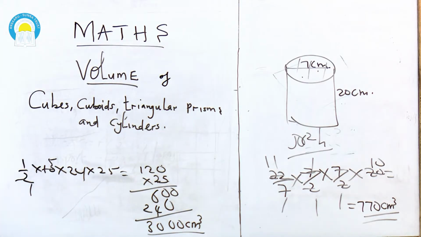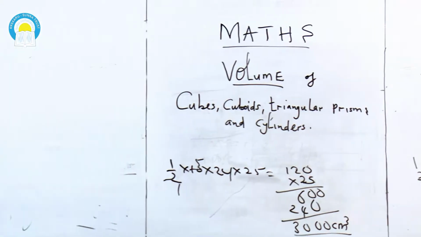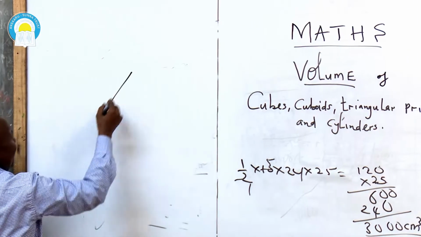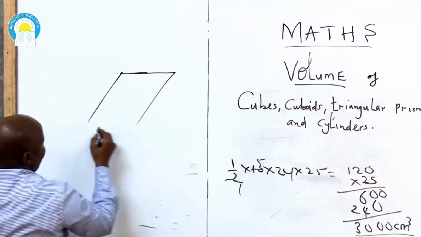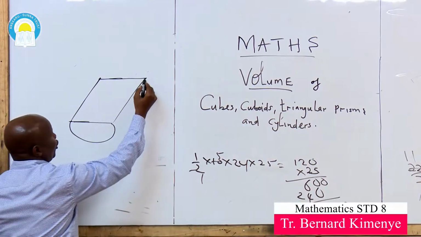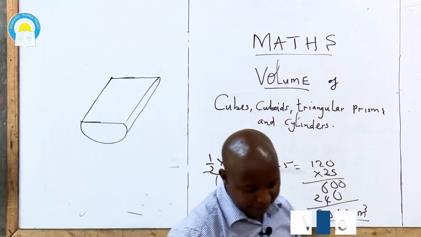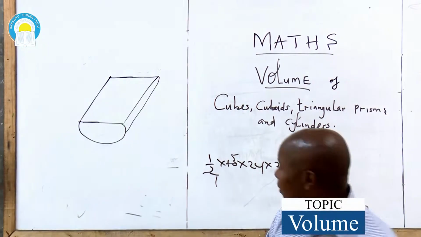Now it's not full, it is a half. Look at my diagram here. This one is a half cylinder, a big one for you to see. It was a cylinder and it has been cut into 2. That's a half cylinder. Very common question in the exams.